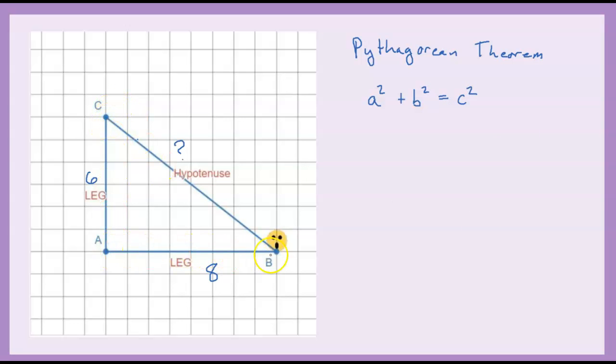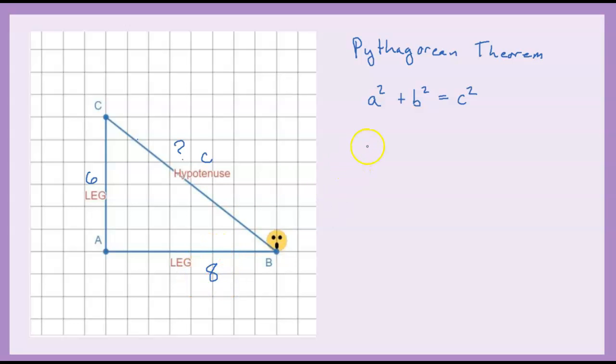So this would be C here. So now we should be able to just plug these two values in. We only have one unknown, and we know in algebra if we only have one unknown, we can solve for it. So let's plug these values in.